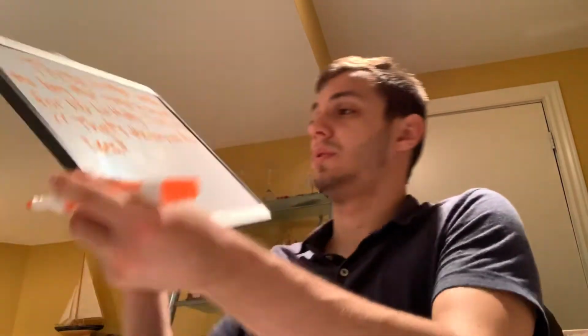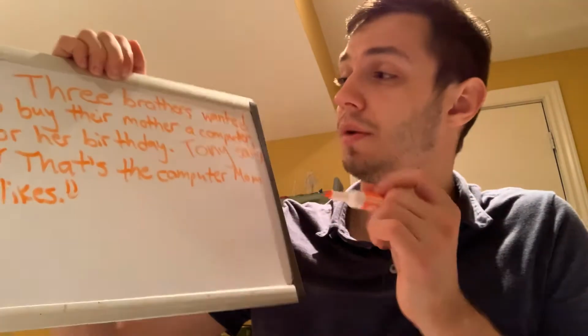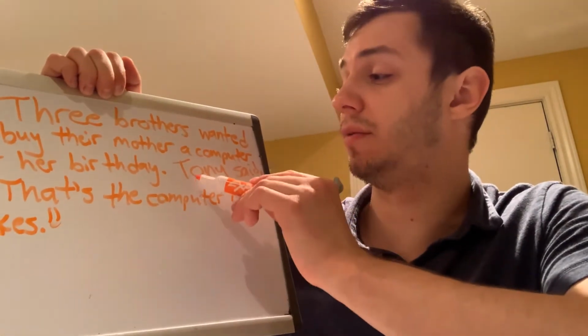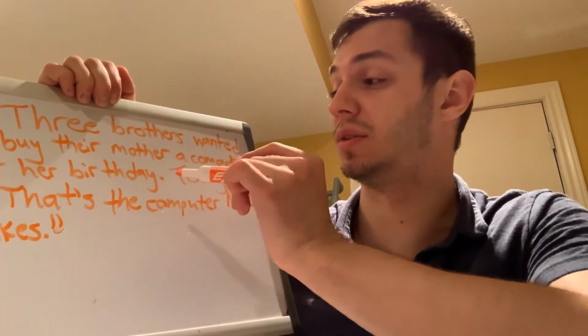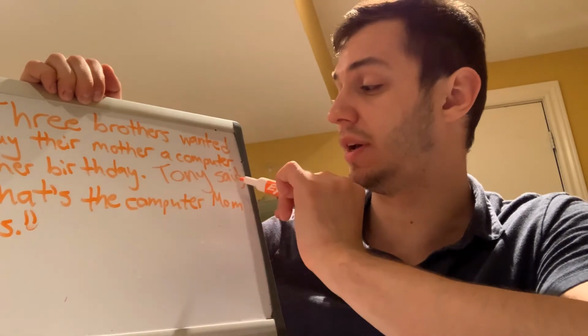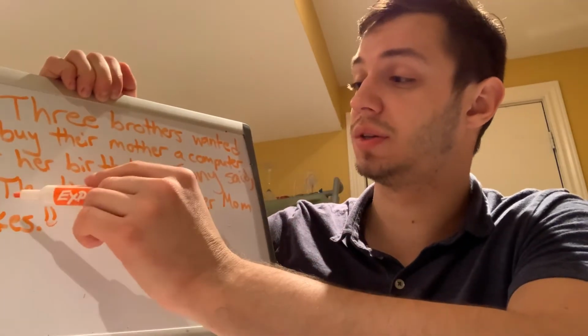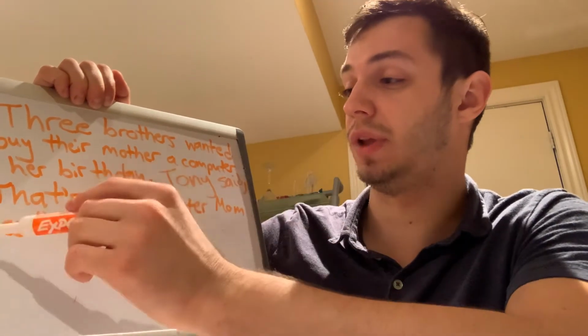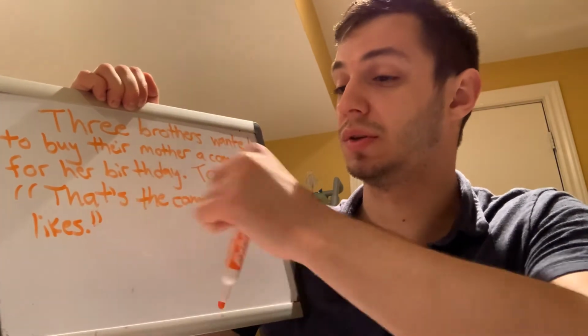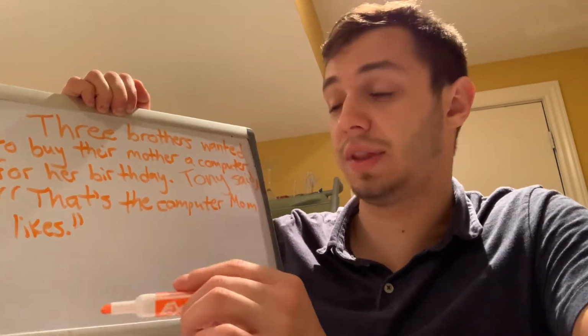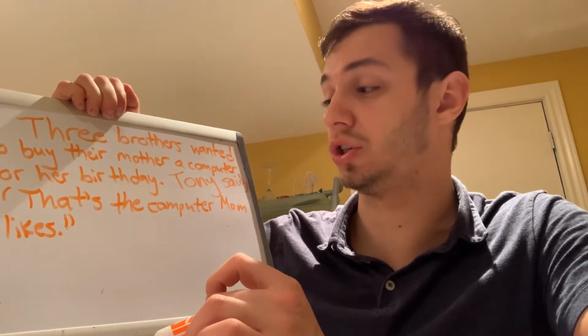Remember to put your quotation marks around the exact words. I don't have to indent before Tony because no one said anything in the previous sentence. But now we have Tony said, comma, quotation marks, That's the computer Mom likes, period, and then I have my closing quotation marks. The next person that can speak can be Josh.